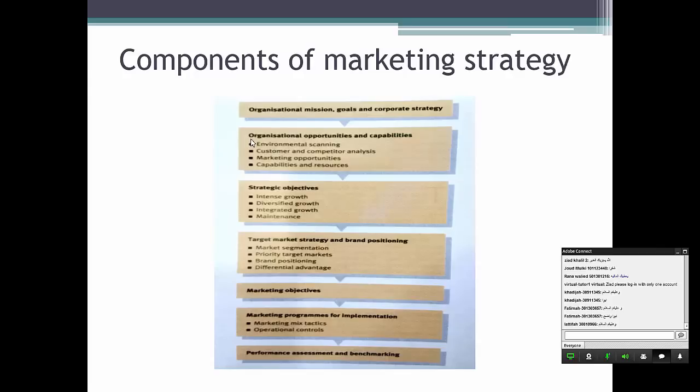So in this stage you need to study carefully your growth and the different alternatives of growing.